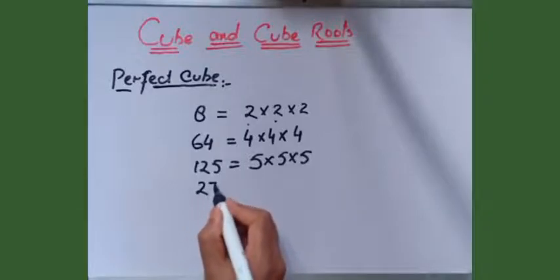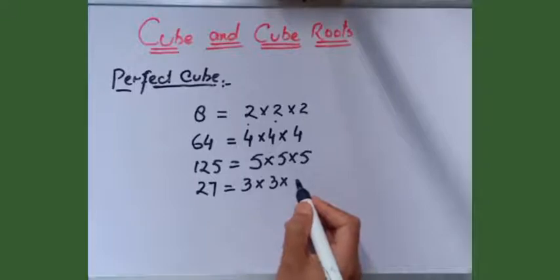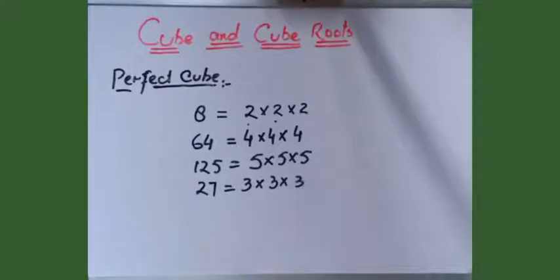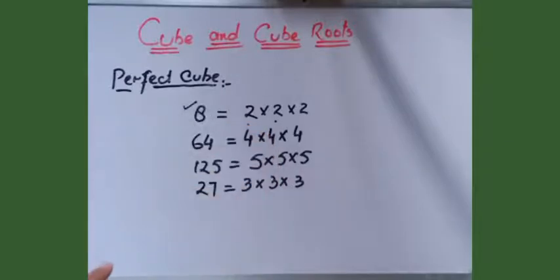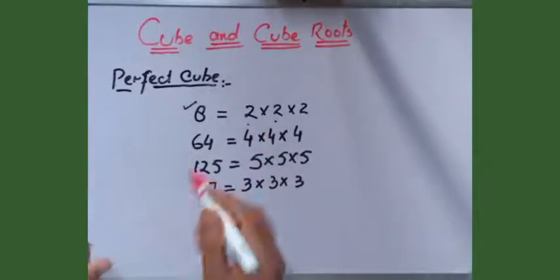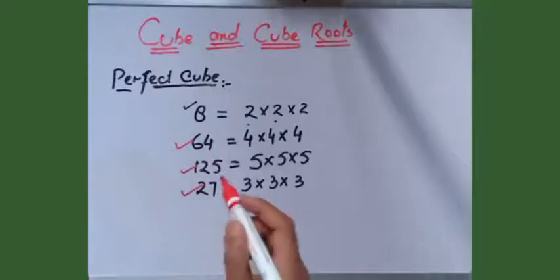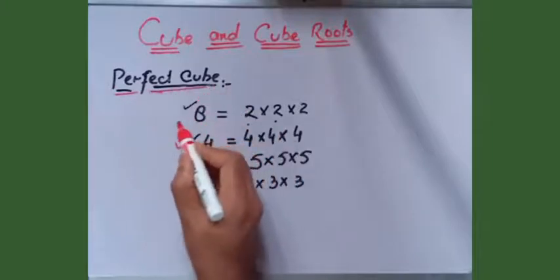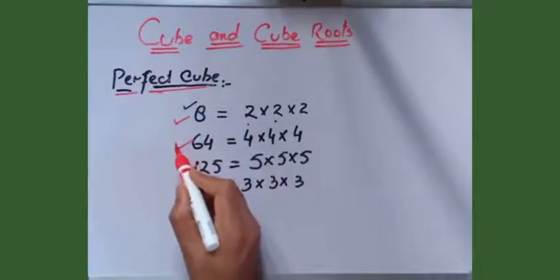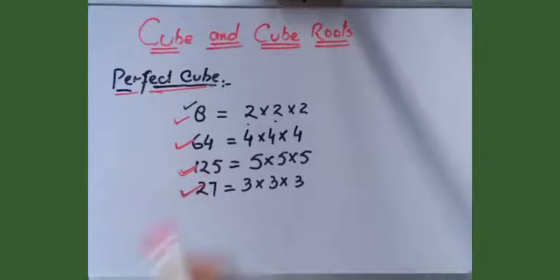Say another example, 27. 3 3's are 9, 3 9's are 27. Okay, so these numbers 8, 64, 125, 27 can be termed as perfect cubes. 8 is a perfect cube, 64 is a perfect cube, 125 is a perfect cube, 27 is a perfect cube.